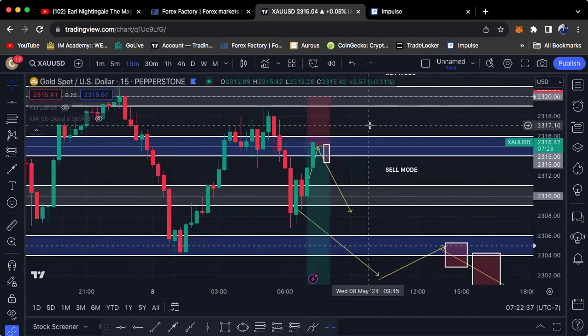Okay, I'm waiting for that bearish candle confirmation. I'm still waiting. So this can be a market execution.